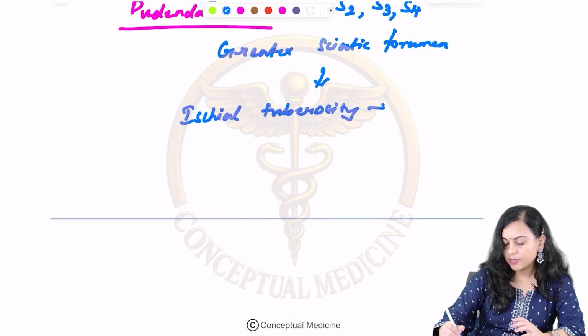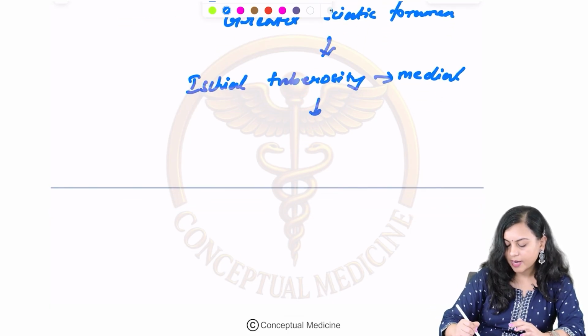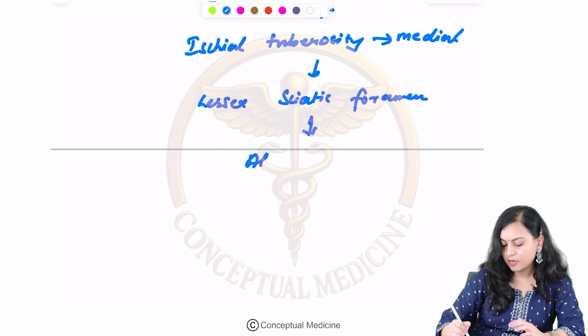It lies just medial to the ischial tuberosity over there. Okay. Then it takes a turn back and enters again to the lesser sciatic foramen, and then it passes through the Alcock's canal.